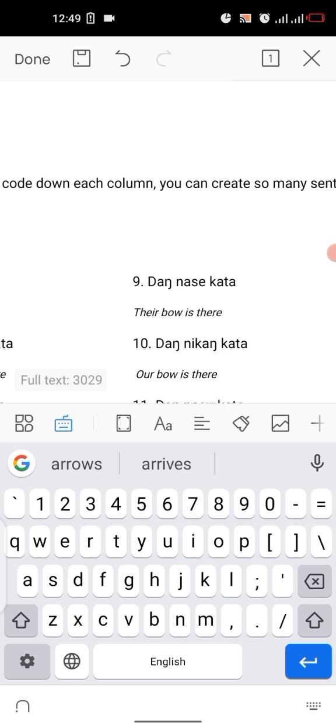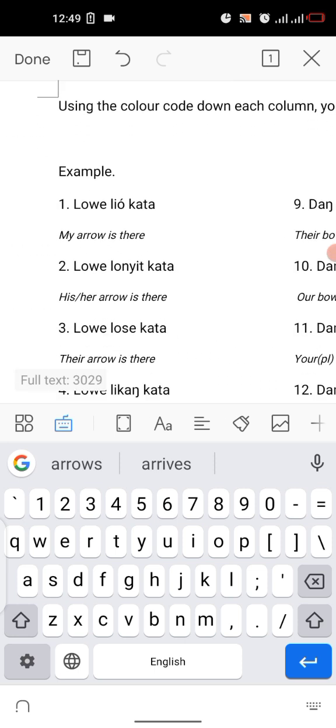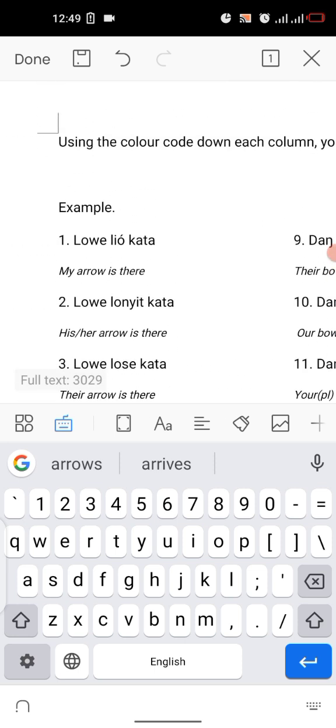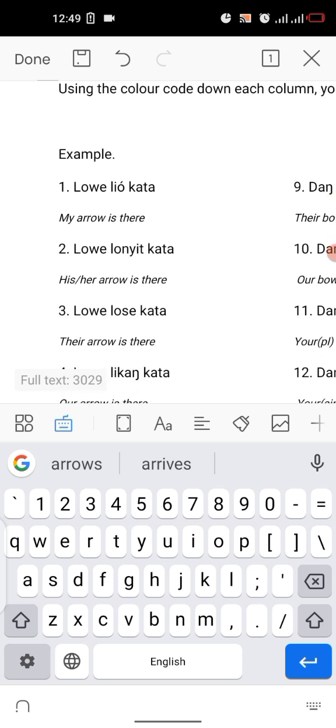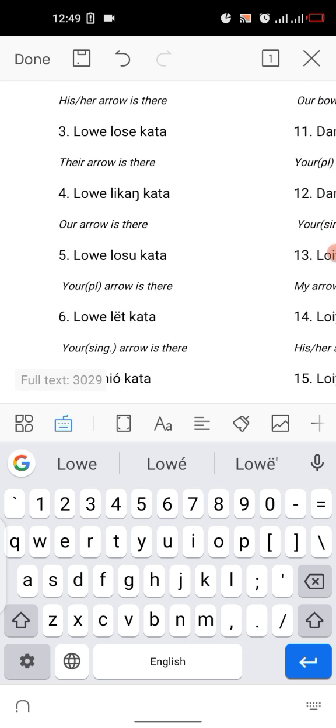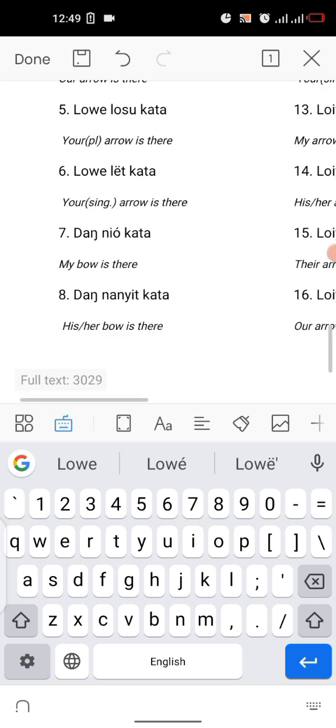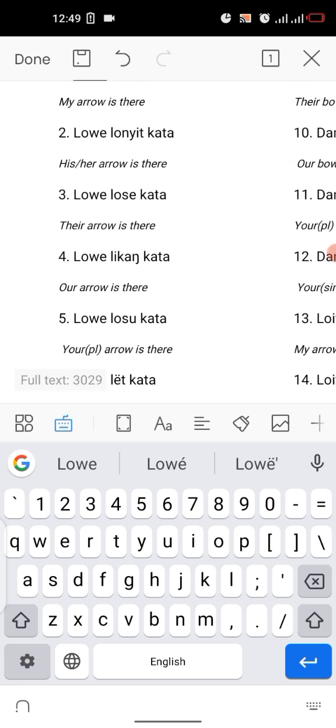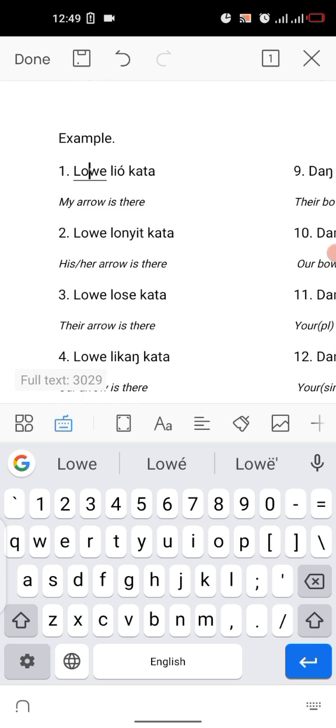As we already know earlier, the possessive adjective must follow or must come after the noun. But there is another usage where the possessive adjective comes before the noun.